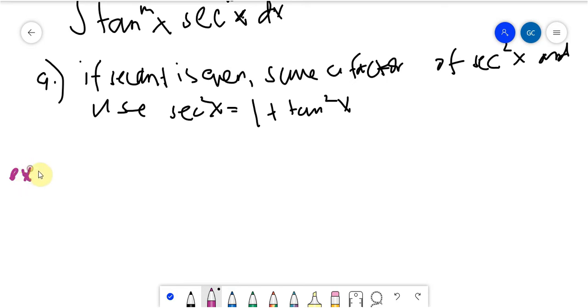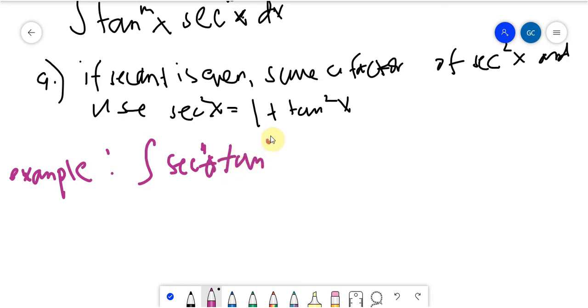Let's say we have an example. The integral of secant to the 4th theta times tangent to the 4th theta d theta.